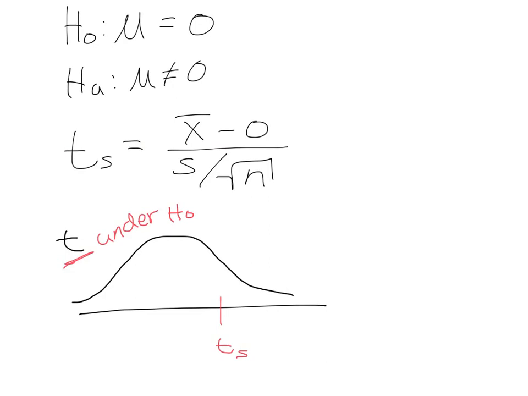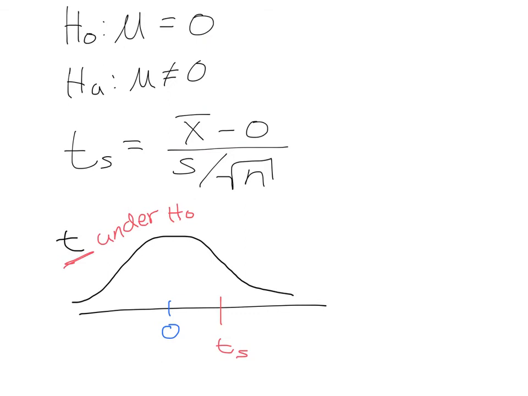If the null is true, the null says that mu equals 0. So the mean of x bar would then be 0, and this test statistic would have a mean of 0. So here is 0.